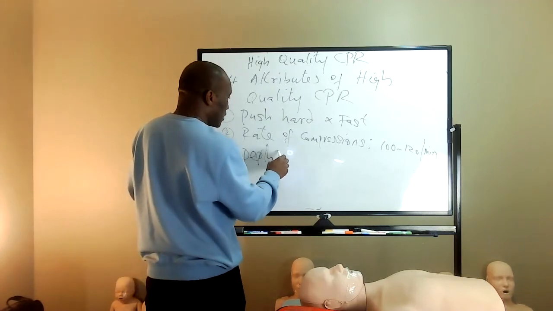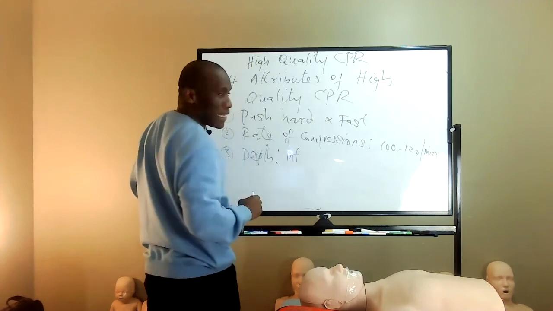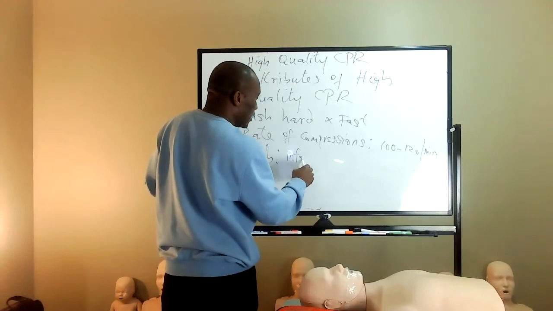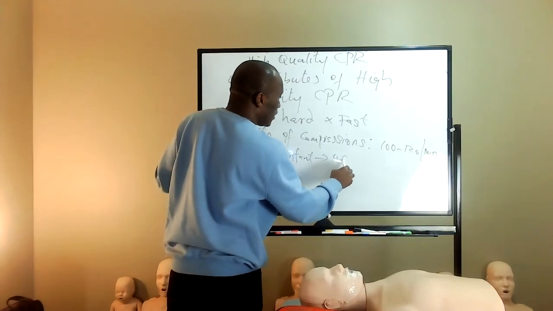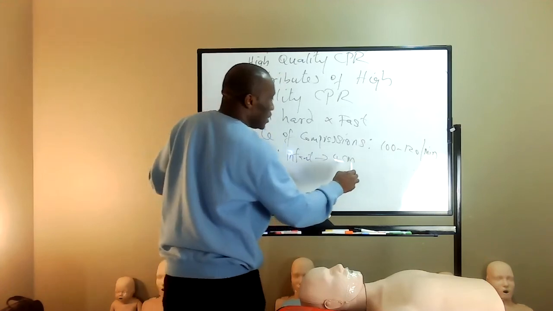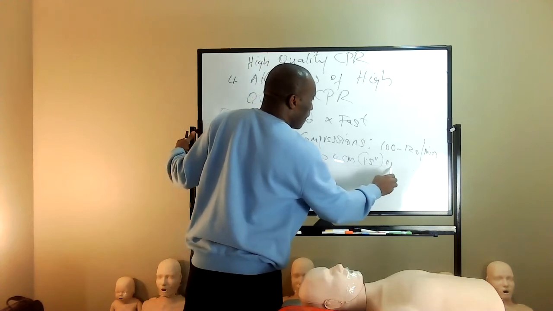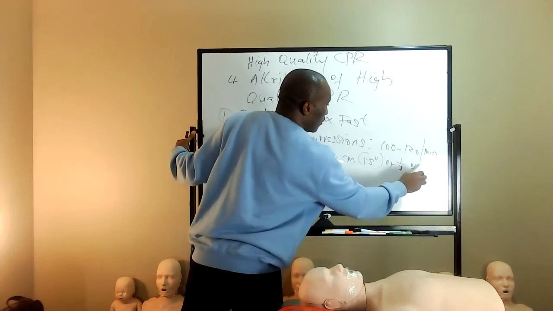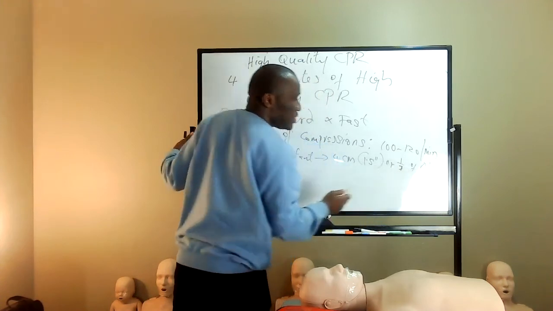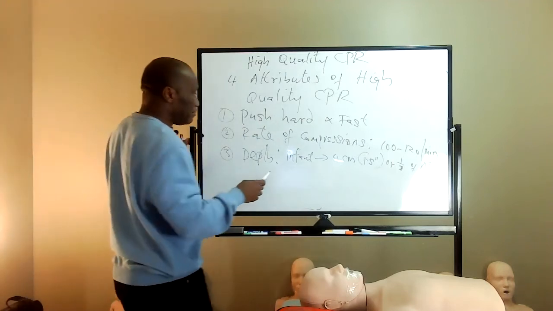It depends. So I'm going to give you the numbers. If the person is an infant, the depth will be 4 centimeters or 1.5 inches or 1/3 of the baby's AP. AP means anterior posterior diameter.